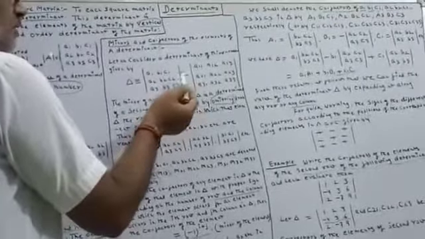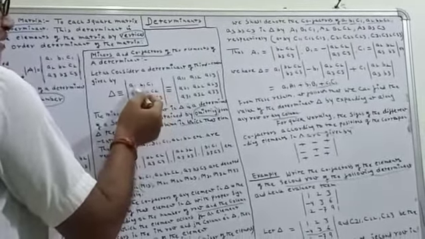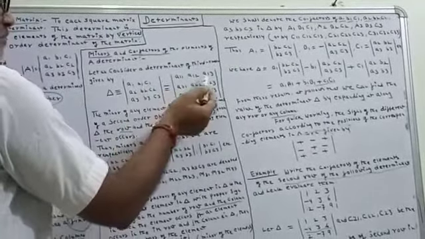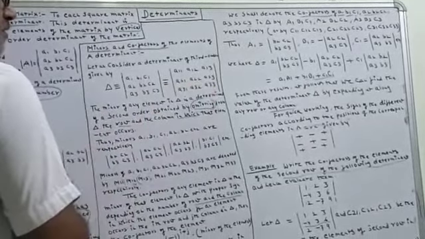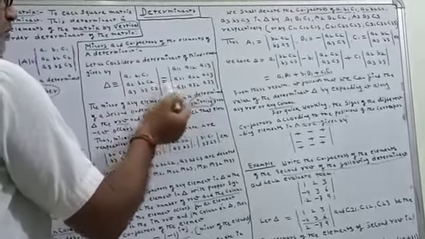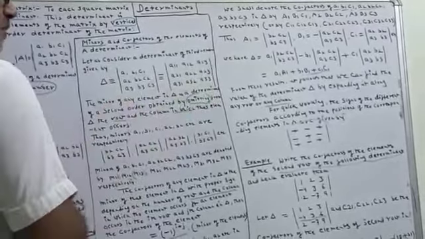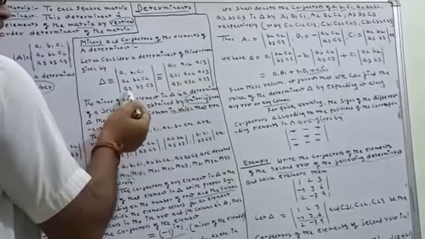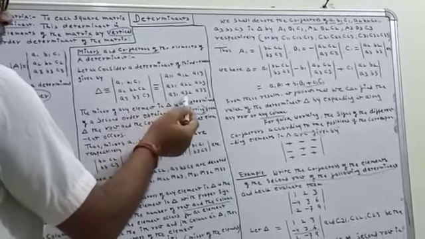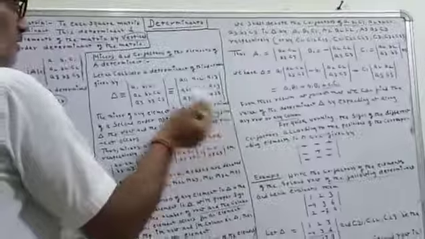Cofactors: A1 is A11, B1 is A12, C1 is A13, A2 is A21, B2 is A22, C2 is A23. Similarly A3, A31, B3, A32, C3, A33.